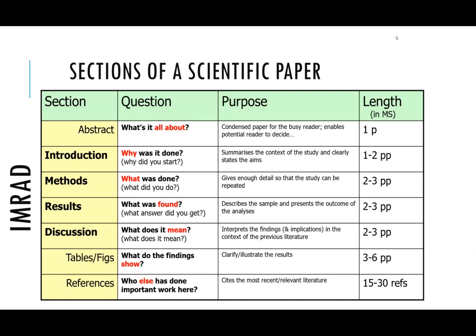We were expected to pick this stuff up by osmosis, by having read hundreds of papers, and we were somehow expected to understand how to structure our papers. But I found that having an overview like this is a very useful way to get a feel for how a scientific paper should be structured.